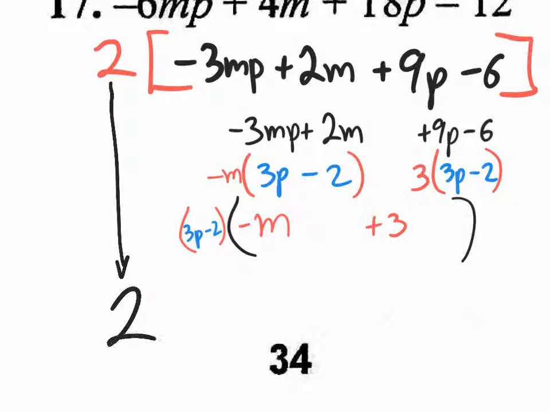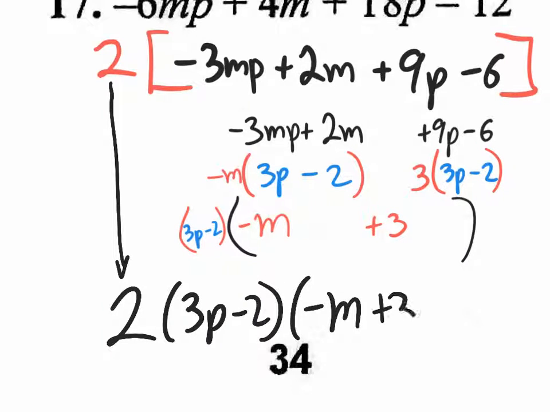So, our final answer, let's not forget about the 2 out here. Bring it down. And then I'll have 3p minus 2, and then a minus m plus 3. But if you look at the answers, I believe they're not going to leave this as a negative. I'm not sure. Check the answer. I think they might have actually factored out a negative 1 from there as well, making it a negative 2 out here, and that being a positive m and a negative 3.